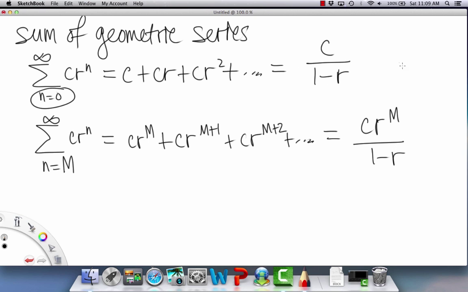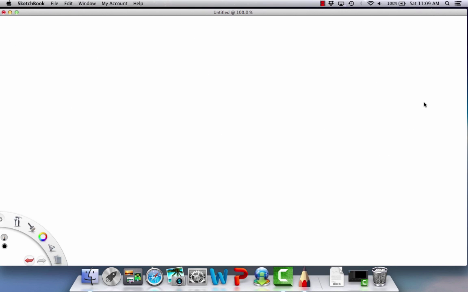So these are two pretty important formulas that you'll probably need for calculations on homework and whatnot. A quick example of that I will do on the next slide. We're asked to calculate, with n starting at 3 and going up to infinity, the following sequence.